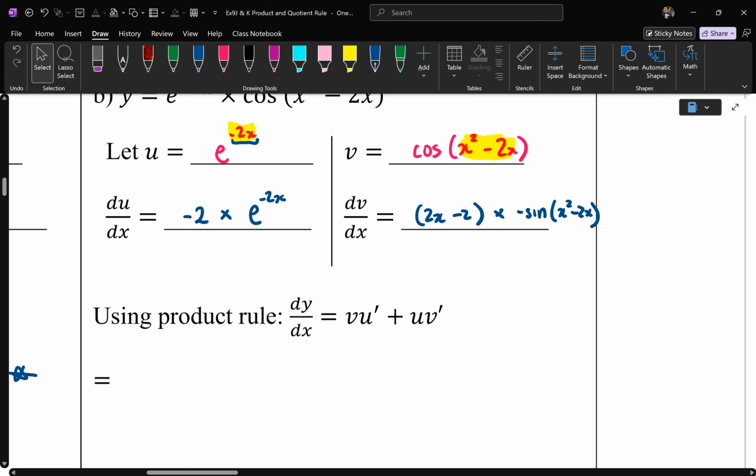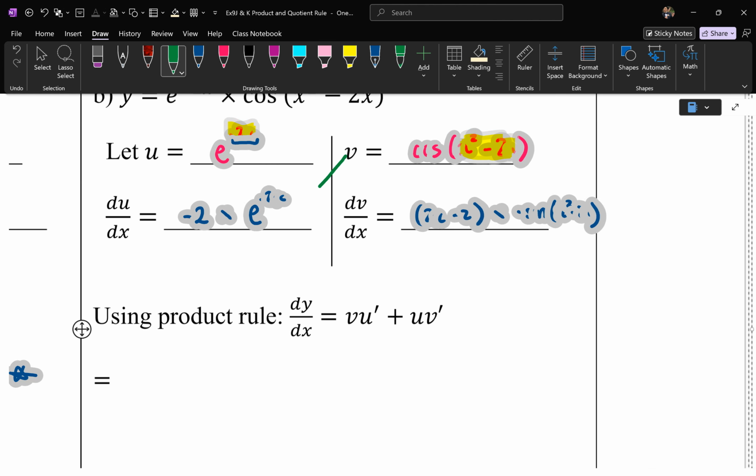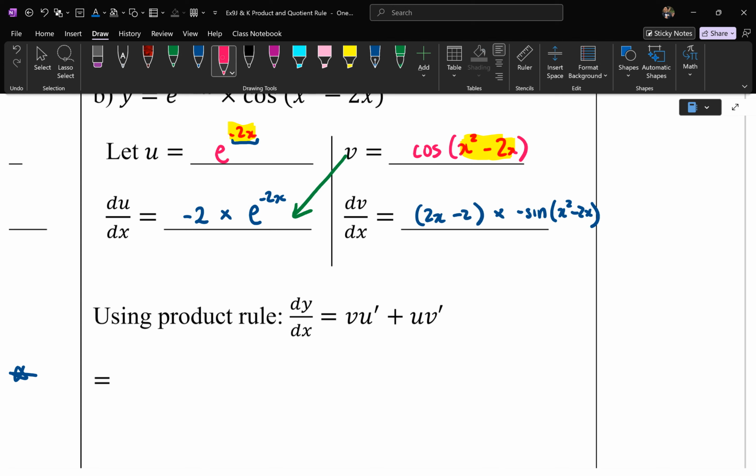I say delta y delta x is equal to v times x. So v times x is cos of x squared minus 2x. I'm timesing it by negative 2e to the power of negative 2x, plus u times v dash.